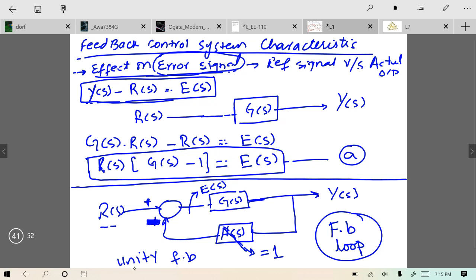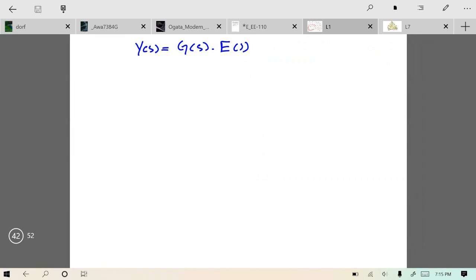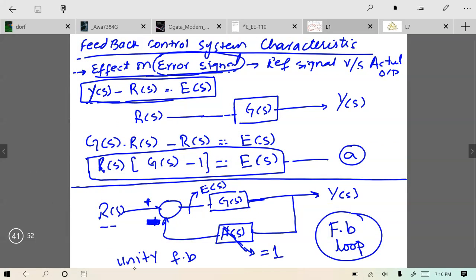Signal over here would be this G of S multiplied with E of S. So I can expand this E of S as R of S minus Y of S, reference signal minus output.